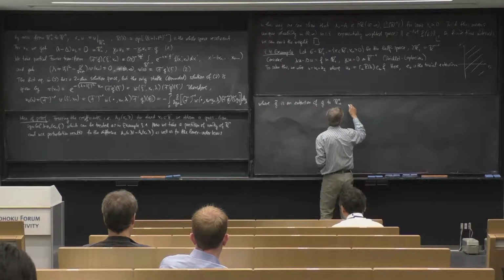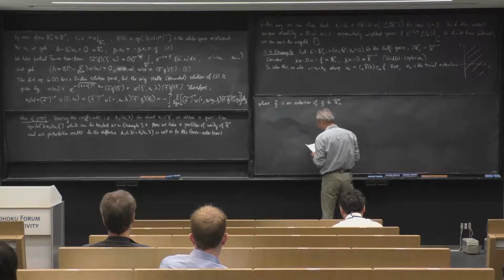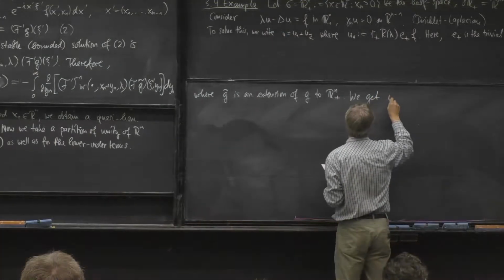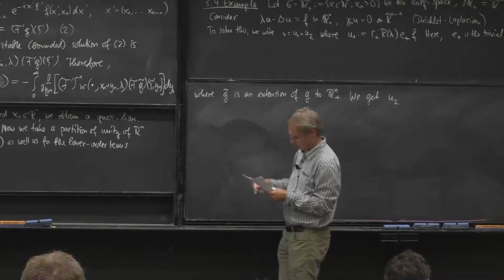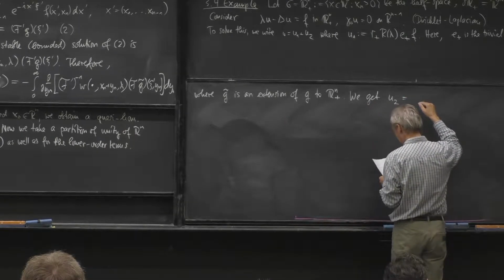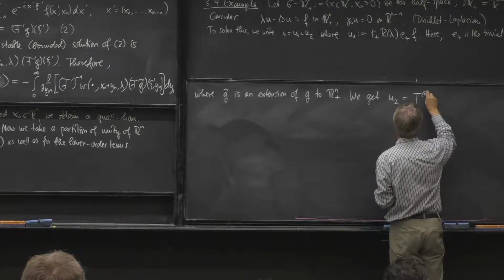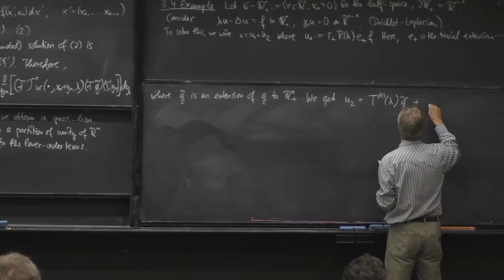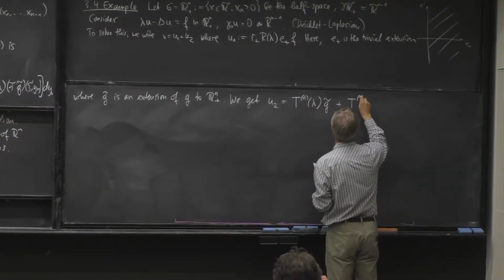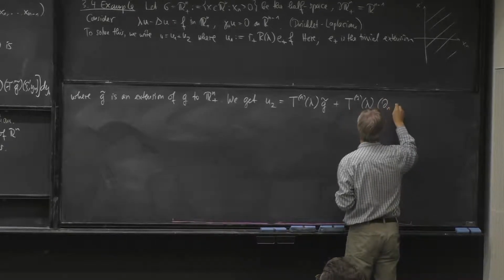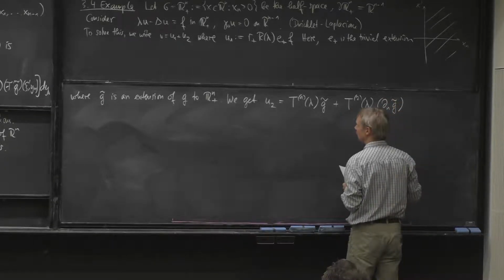So I write this in a slightly different way. So U2 is, I write it as a sum of two operators, T1 of lambda applied to g tilde plus T2 of lambda applied to dn g tilde, the normal derivative of g tilde.